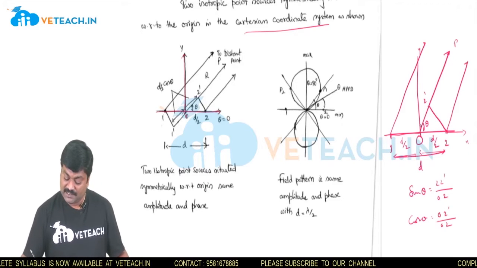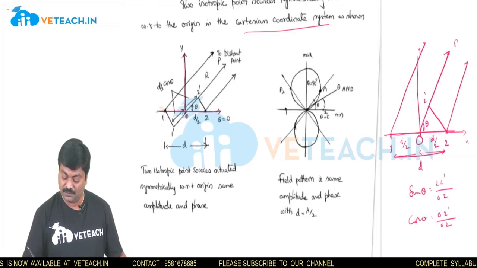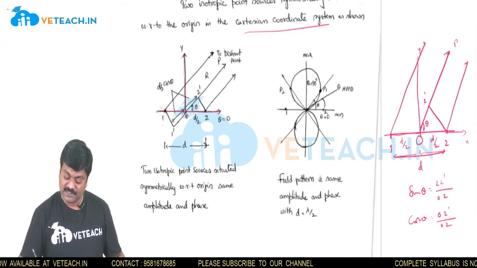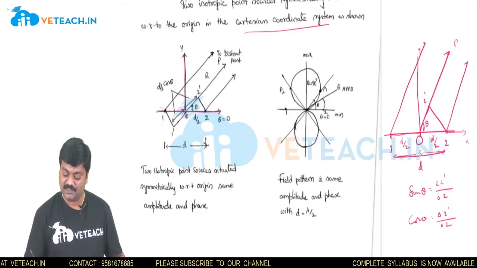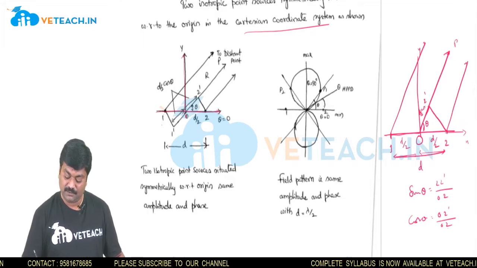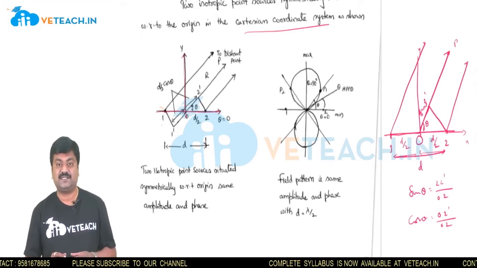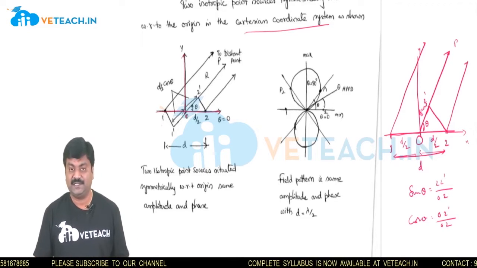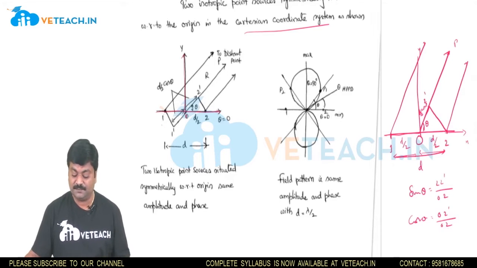But here, as we need to know the point from the origin to the point source, 0 to 2 bar is nothing but 0 2 cos theta. 0 2 is d by 2. So it will be d by 2 cos theta. So this is the distance pattern that we arranged in this way to find the phase variations.